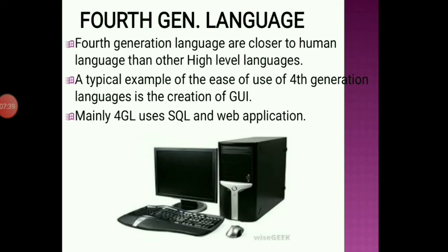A typical example of the ease of use of fourth generation language is the creation of GUI. Basically, it is used for the creation of images, icons, etc. Mainly, the fourth generation uses SQL and web applications.